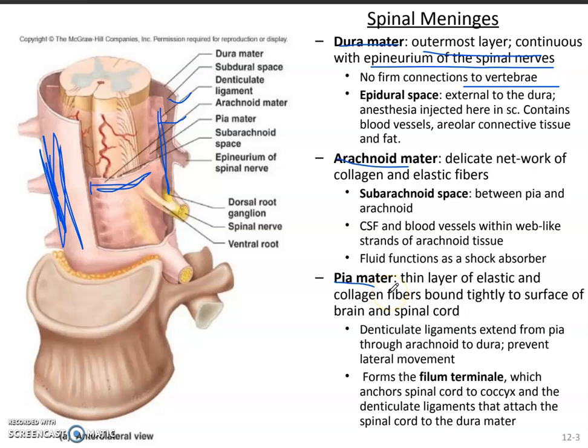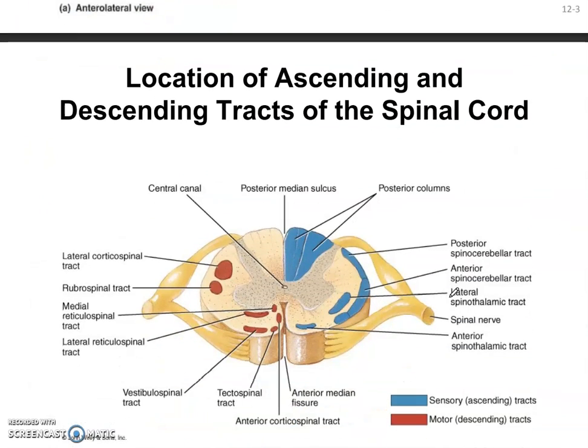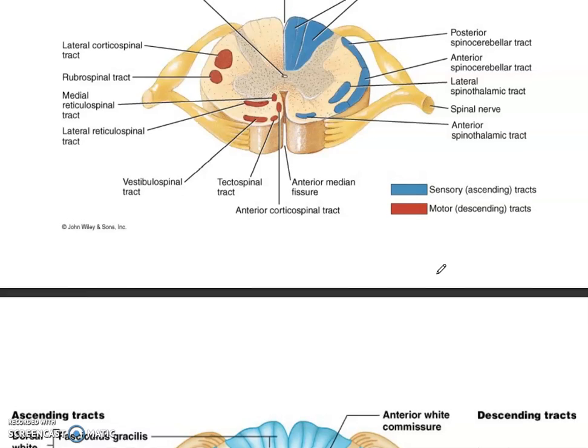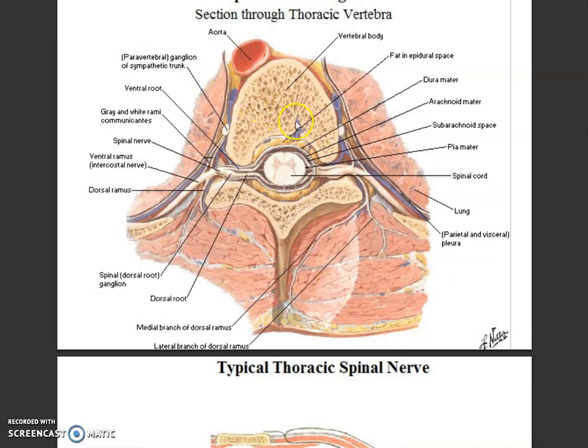It is a thin layer of elastic and collagen fibers that are bound tightly to the surface of the brain and spinal cord. Okay, so I will go with the location of the ascending and descending tracts. Oh no, we are not going to do the ascending and descending tracts in this lecture. We're going to see the spinal cord only.